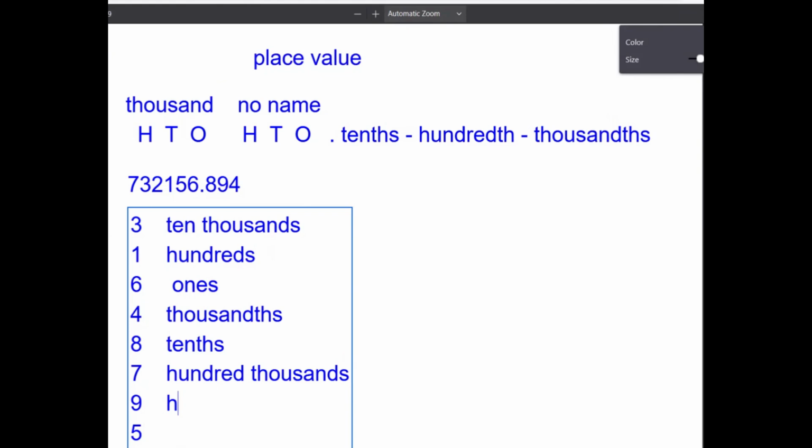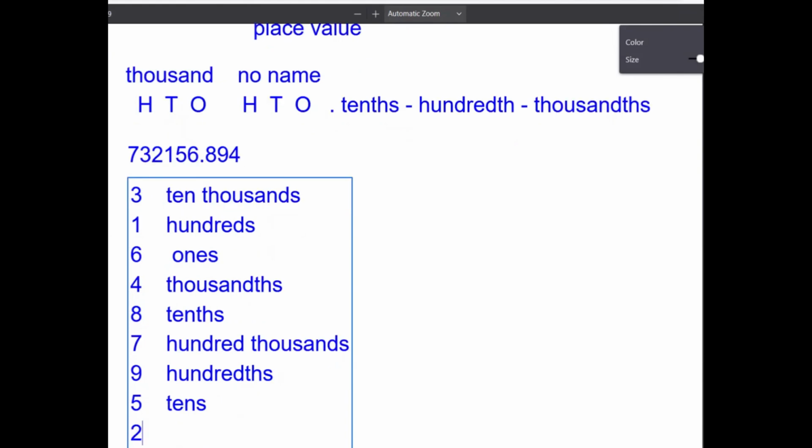We call it hundredths. The 5, it's the second number on the left, which we call what? Tens. So this is how we say the place value of each one of them. Regarding the 2, the place value for the 2 is what? Thousands. So this is how we say the place value for each digit.